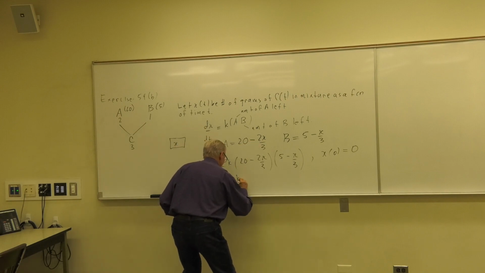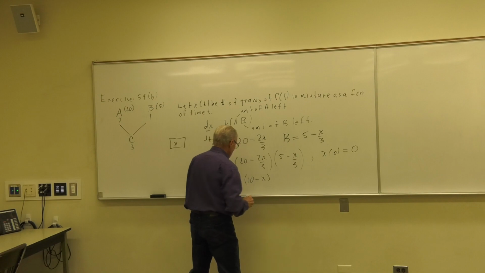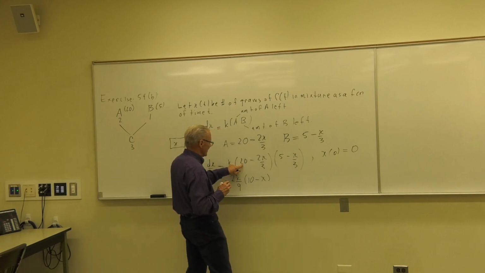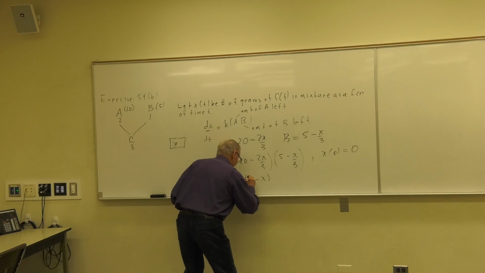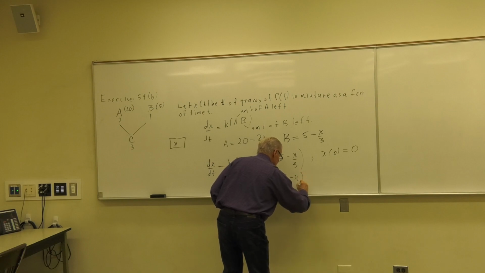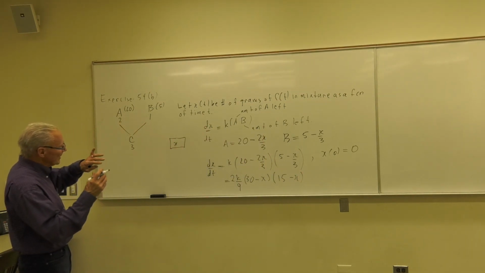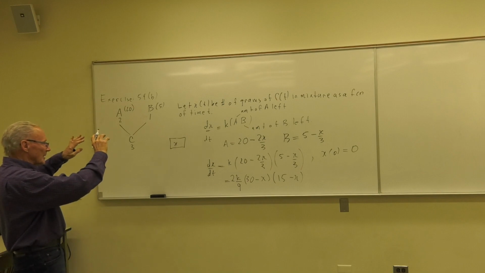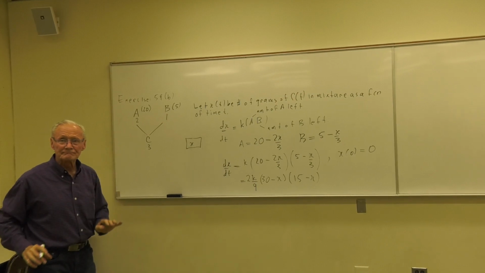We'll have k over 9, pulling out the 2, 10 minus x. No, not, because we're bringing a common denominator, that's going to turn into a 60. Then I pull out the 2, 30, and then here, 15 minus x. How does that look? All right.